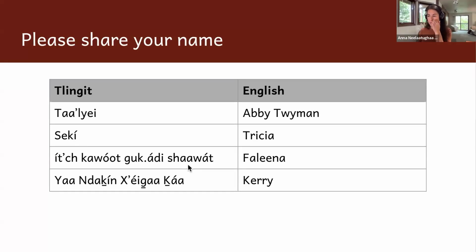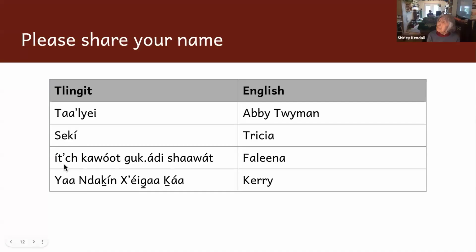Felina's name, Shirley and I worked on it because she does really beautiful beadwork on earrings and she uses glass beads. So her whole name means woman that makes earrings with glass beads. And so we'll just do one little word at a time.